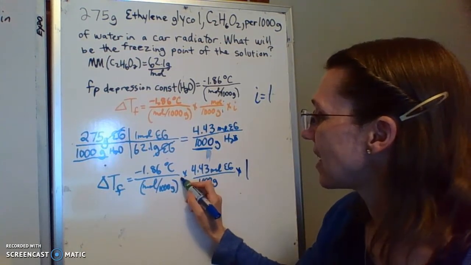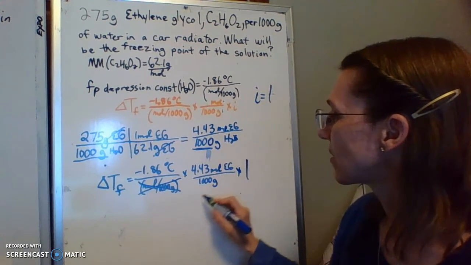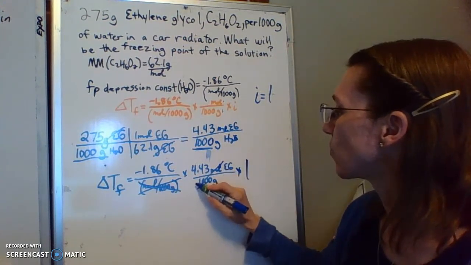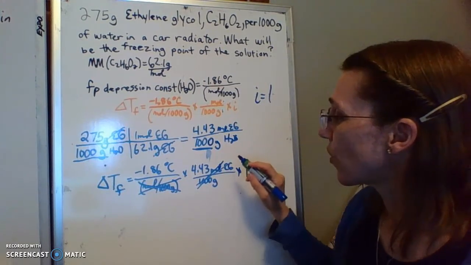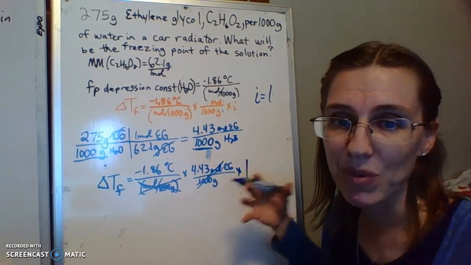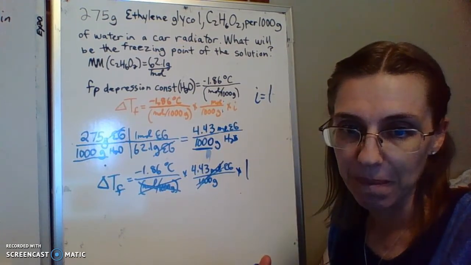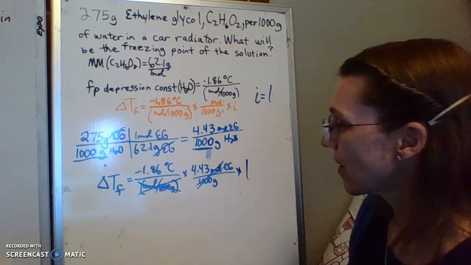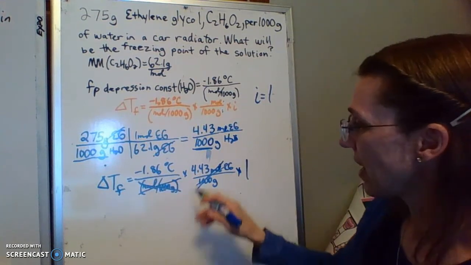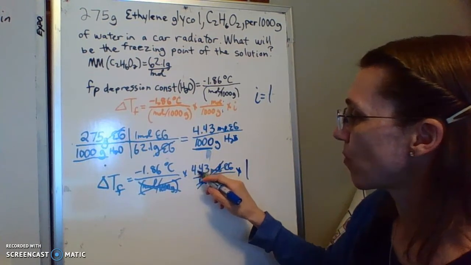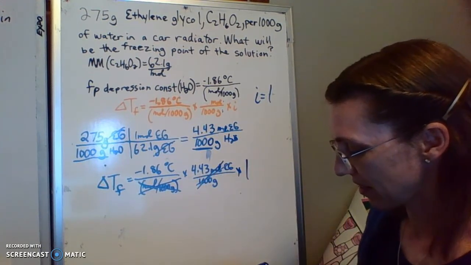And you'll notice that the moles per 1,000 g is going to cancel out with our moles per 1,000 g. So we don't actually type the 1,000 into our calculator at any time. Okay? They cancel out. So what we're typing into our calculator is 1.86 times 4.43.